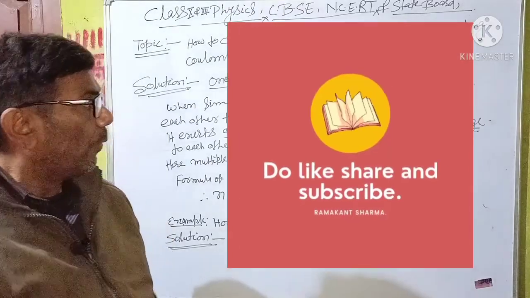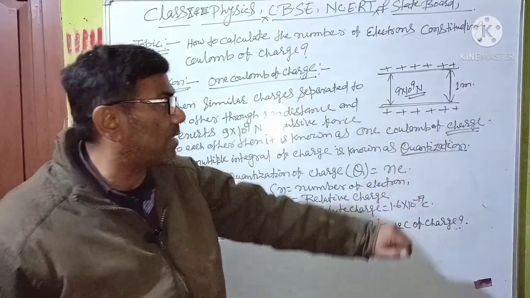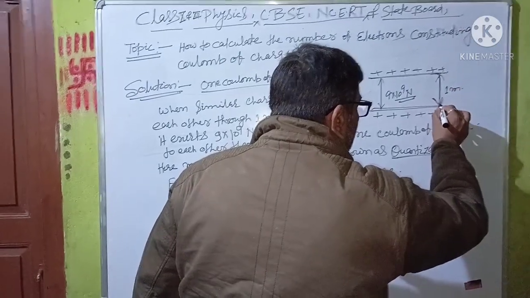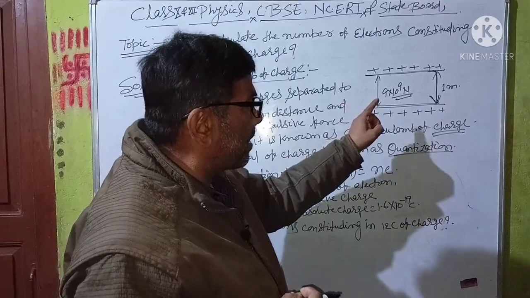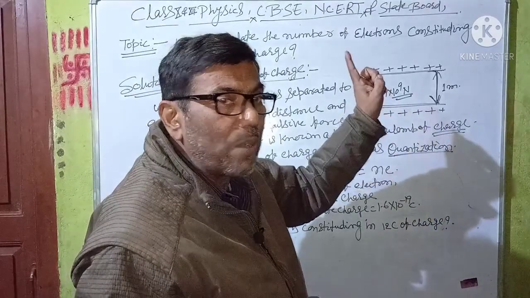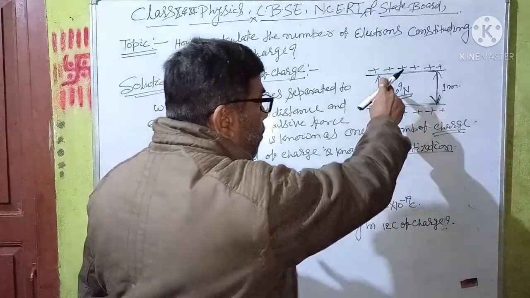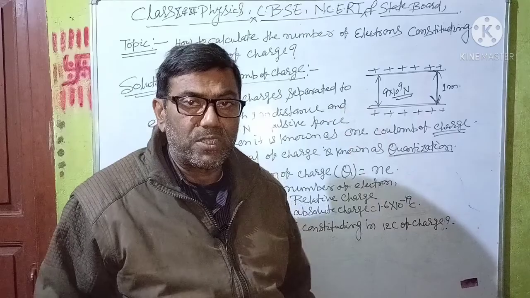We know that when two similar charges are separated from each other by a distance of 1 meter, and they exert 9 into 10 to the power 9 newton of repulsive force on each other, then this charge is known as 1 coulomb of charge.